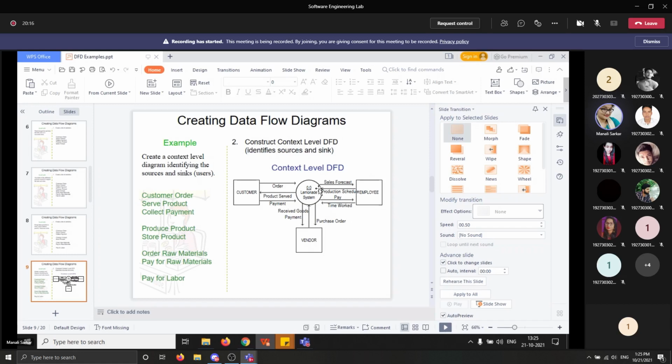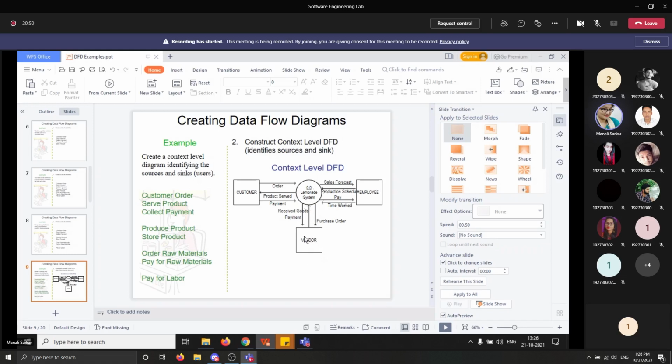And lemonade system is showing the sales forecast, and after that employee is showing the production schedule, that is how much he has worked and how much production he has done. That is actually the employee showing to the lemonade system. Again, see here, another entity is there, who is the vendor. So what is the vendor doing? Vendor is giving the goods to the system.